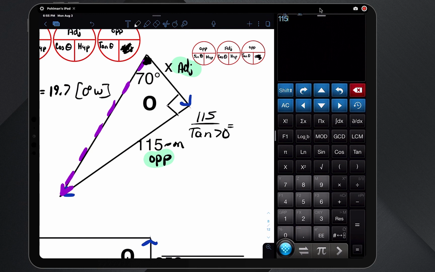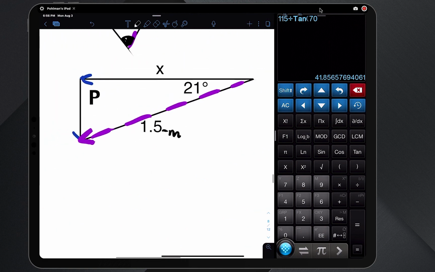We go 115 divided by tan 70 equals, our value here is going to be 41.9. We'll just round it off at that. And again, since we don't have the other information, we will not worry about that this time. We got a couple more.